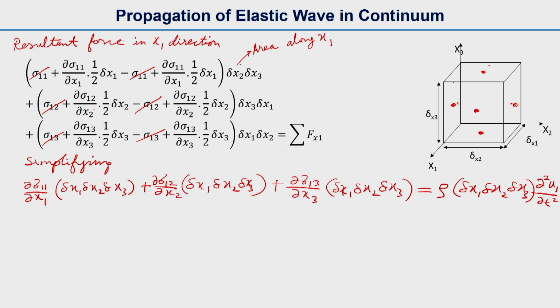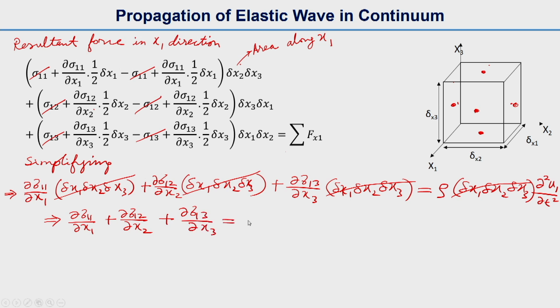So now if we simplify, we can cancel the volume term, and that will give us partial of sigma 11 with respect to x1, plus partial of sigma 12 with respect to x2, plus partial of sigma 13 with respect to x3, equal to density rho times the second partial of u1 with respect to time.